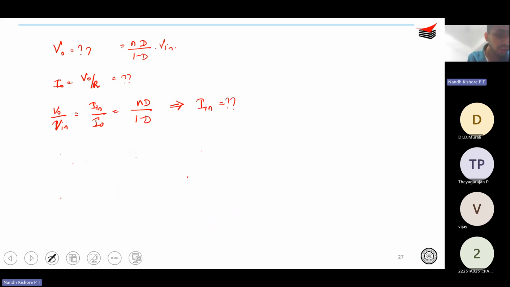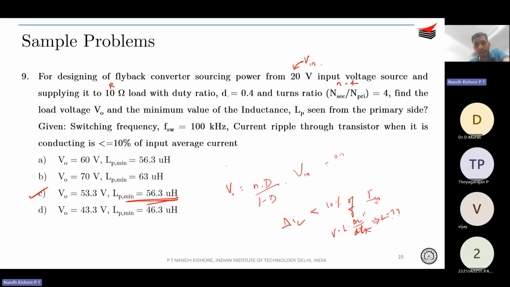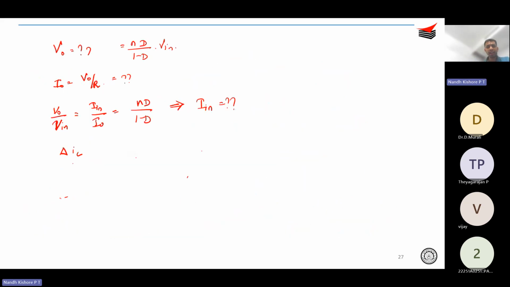So if you get Iin, they have given in the problem that the current ripple through the transistor when it is conducting is less than or equal to 10% of the average input current. So your delta I that we require is simply less than or equal to 0.1 into Iin. Correct? So this is your delta IL.